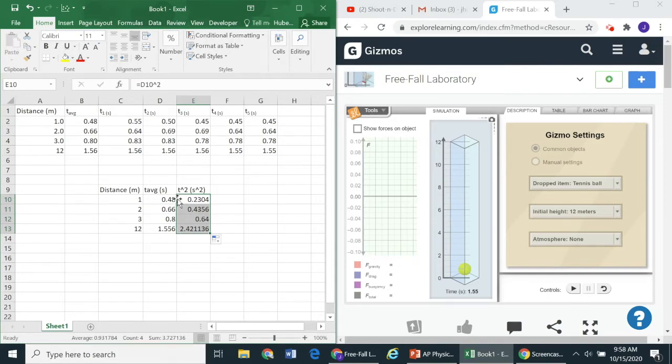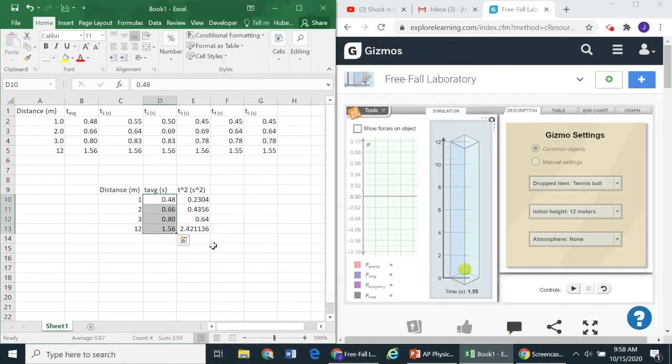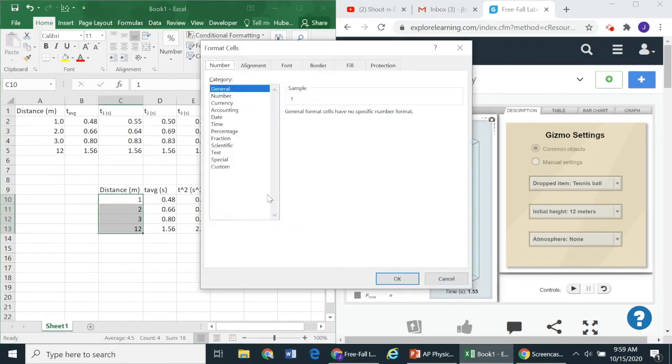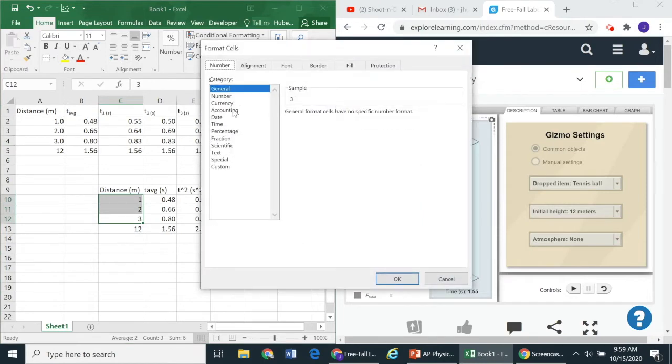Of course, we don't want this to be any more than the number of significant figures that we should have. And then we'll have to double our distance, which is going to be in meters. And so we'll just hit 2 times the distance. And because all of these are supposed to have 2 sig figs as well, because they gave that to us.